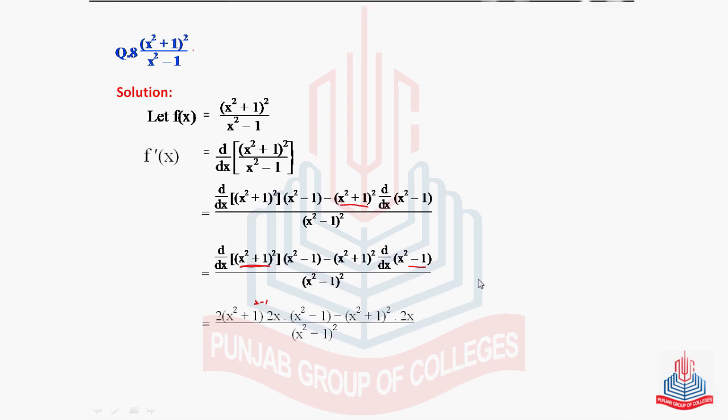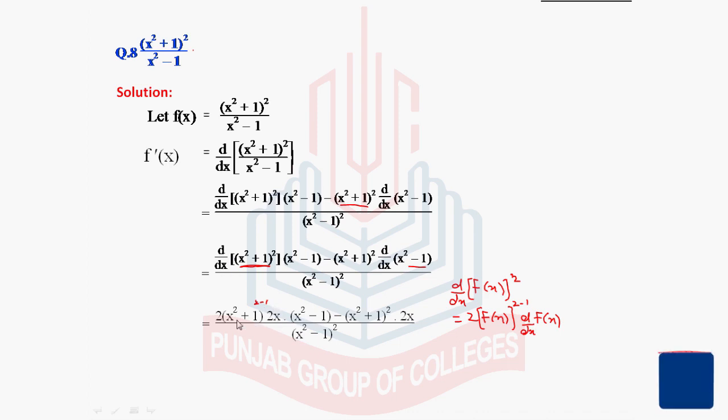The derivative of this part is 2 f of x to the power 2 minus 1, and then the derivative will apply on f of x. We have already explained this rule, which is actually the generalized power theorem. So this 2 will be n, actually (x square plus 1) to the power n minus 1, and then the derivative will apply on this inner portion, which is x square plus 1, and that will become 2x, and the rest we have already explained.